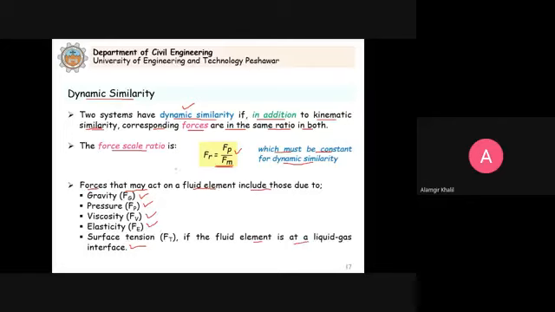And based on that, we have to ensure that this is used for considering the dynamic similarity. What I say, you will now understand in the coming slides. So this is important.